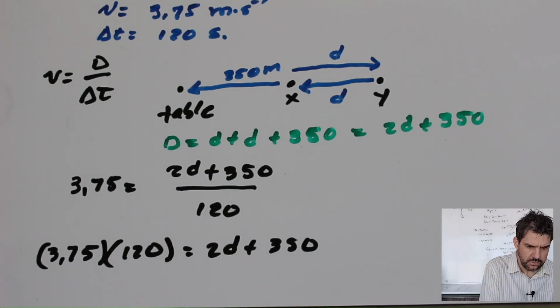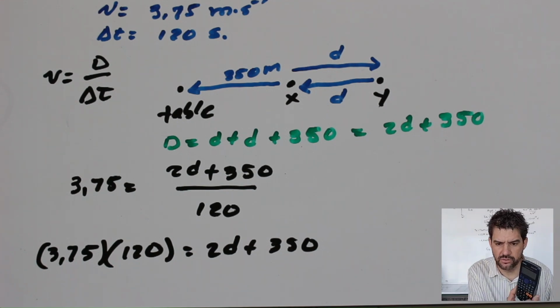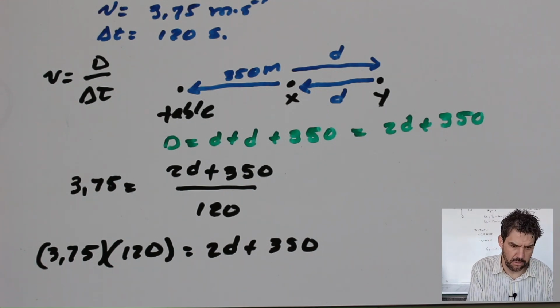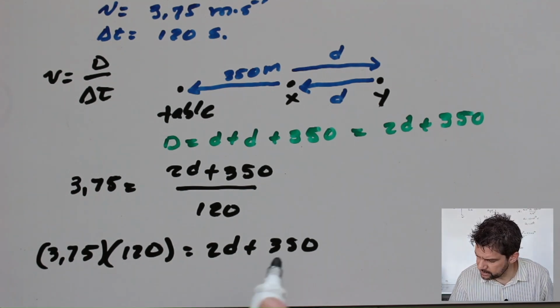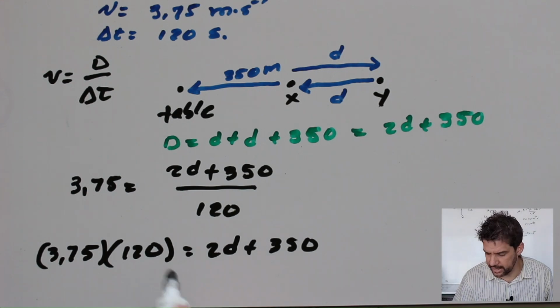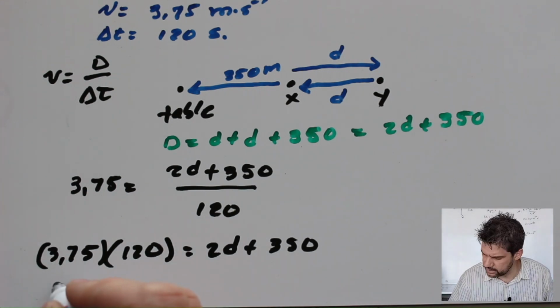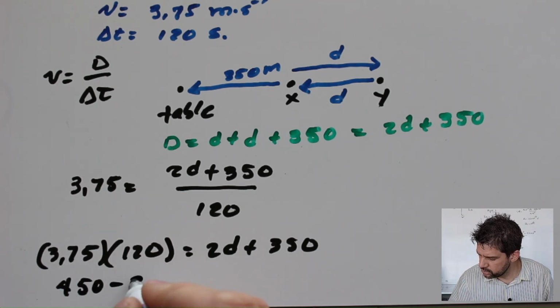If you do the calculation, let me just do it here with the calculator. 3,75 times 120 gave me 450 on the left hand side. So this one is 450. The 350 will go to the other side as negative, so it will be 450 minus 350.